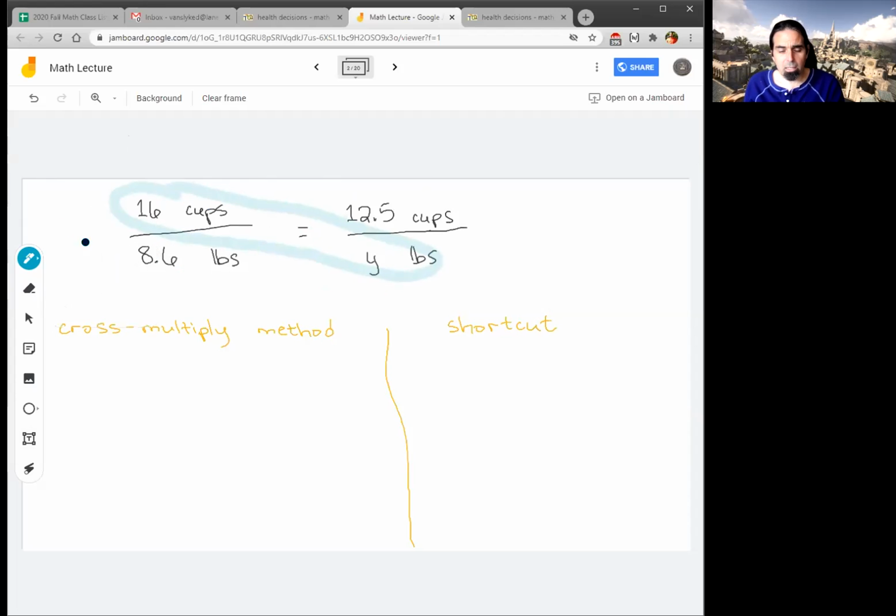And when I do that, I can also pick to put the y first, because y times 16 and 16 times y are the same. Everyone okay with setting that up?